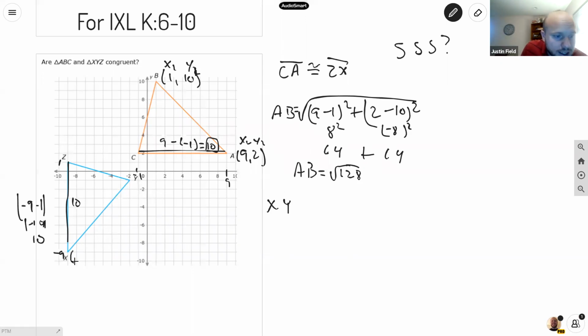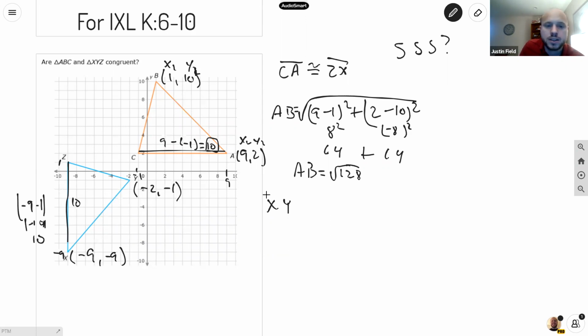So X is at -9, -9. And Y is at -2, -1. Okay, and I'm suggesting that XY is congruent to AB.